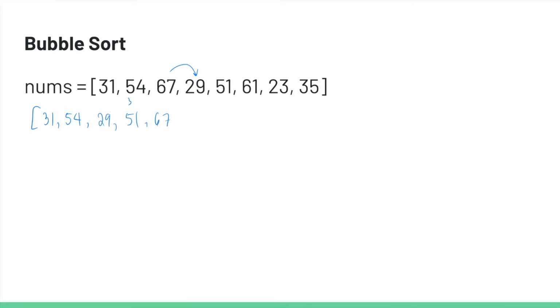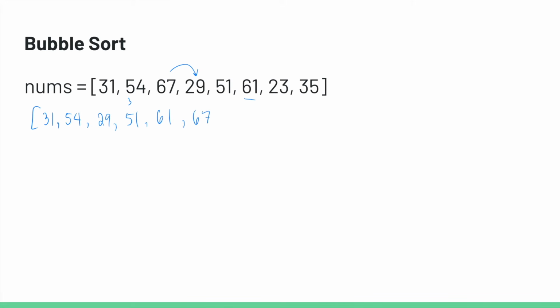So now 67 is at index 4. So now we're going to compare 67 to the next number, which is 61, right here. And 61 is less than 67, so we're going to go ahead and swap them. And so we'll have 61 and 67.